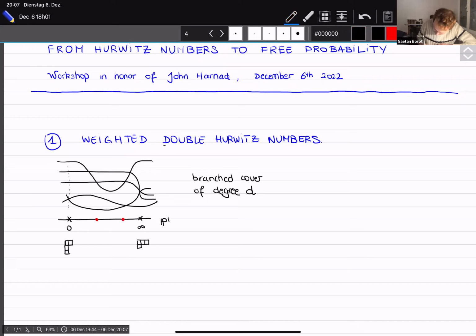And when you consider double Hurwitz numbers, you want to control the ramification above 0 and infinity. So we call that lambda and mu. And for the other ramification points, you will rather put some random ramification profile.